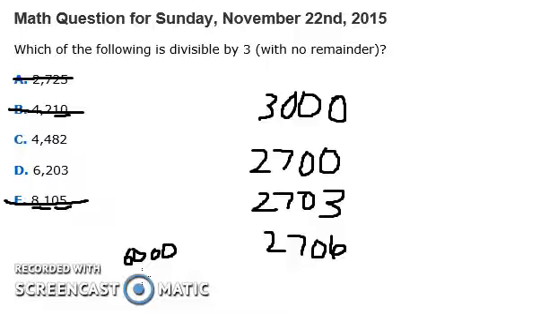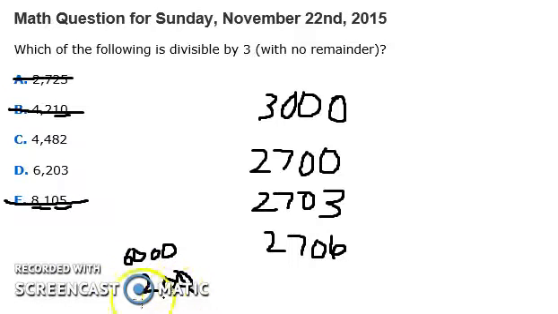And even if you don't know, you can tell pretty quickly that 200 is not divisible by 3. Because you can use the same thing where we added zeros to the end. You can take zeros off. So you can check 20. We know 20 is not divisible by 3.